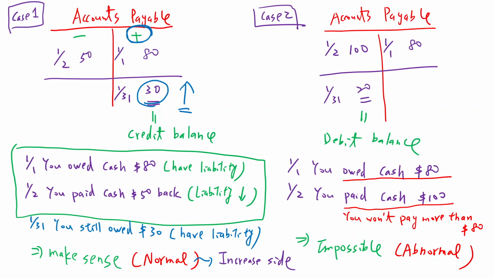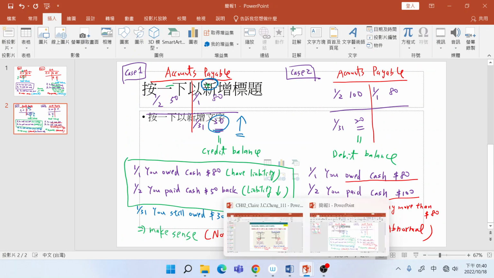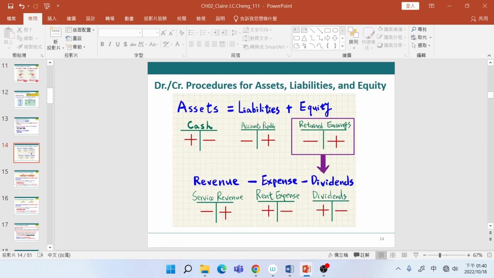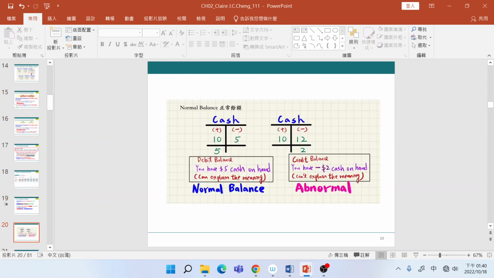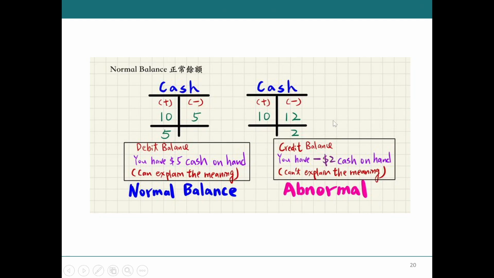Okay? You could look at your slide. Slide is on 20. Your slides on 20. So you will find out for cash appear on debit balance. You could explain it. What does it mean? $5, you still have a cash $5. So makes sense, right?